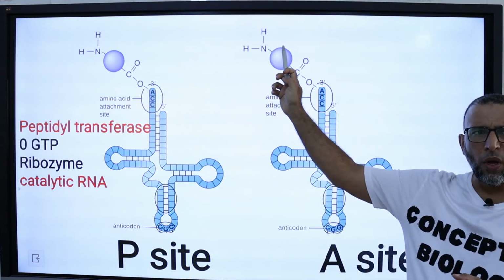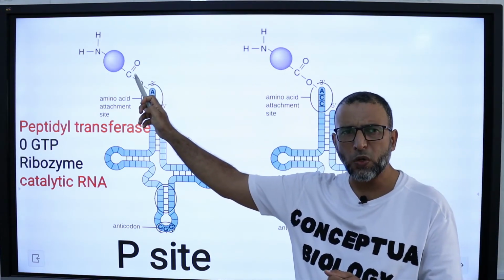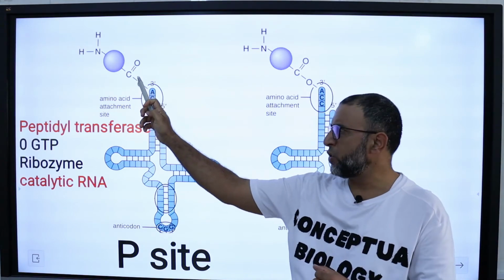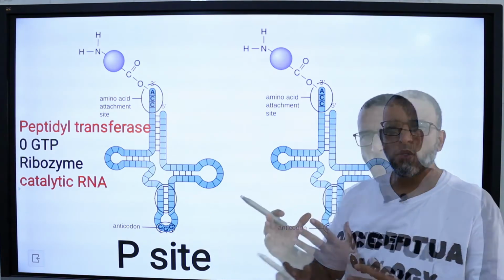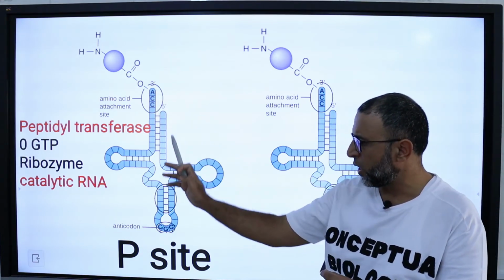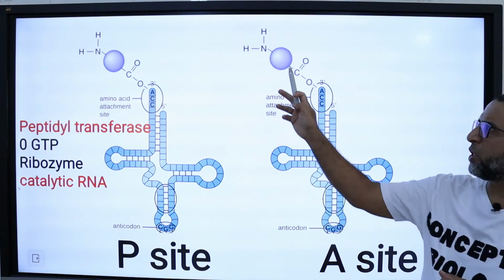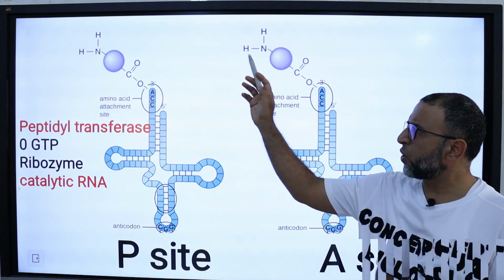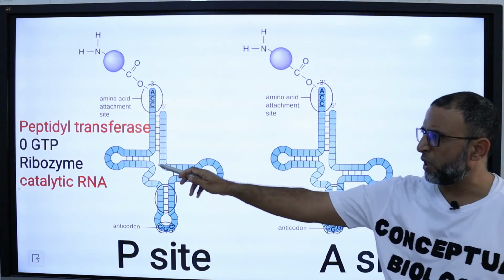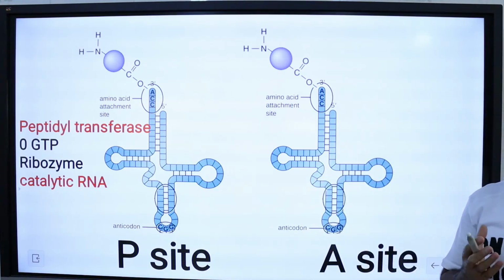Peptidyl transferase forms a peptide bond between the amino group of the amino acid in the A site and the carboxyl group of the growing polypeptide chain in the P site. The overall result is to transfer the growing polypeptide chain from the P site to the A site with the formation of a peptide bond. Energy cost for peptide bond formation is 0 GTP, and this reaction is spontaneous.